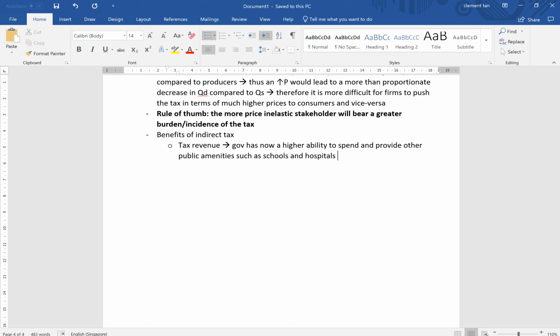Now, what is the drawback? It might lead to income inequity between producer and consumer, due to differing burdens of tax. So it's income inequity between producer and consumer.